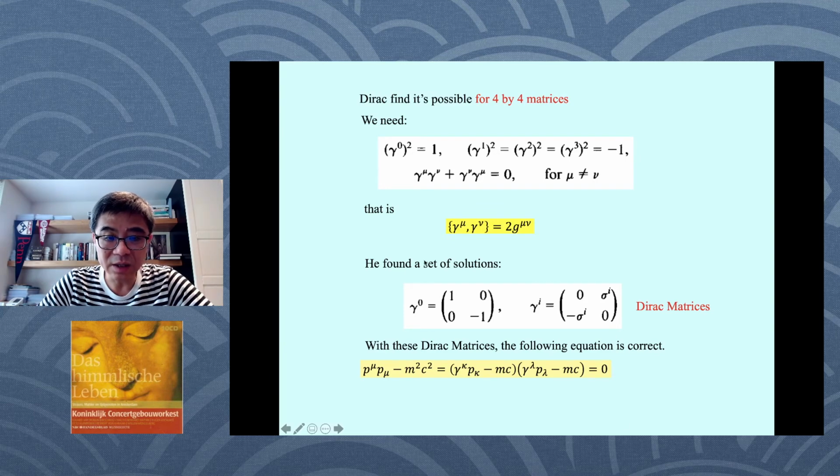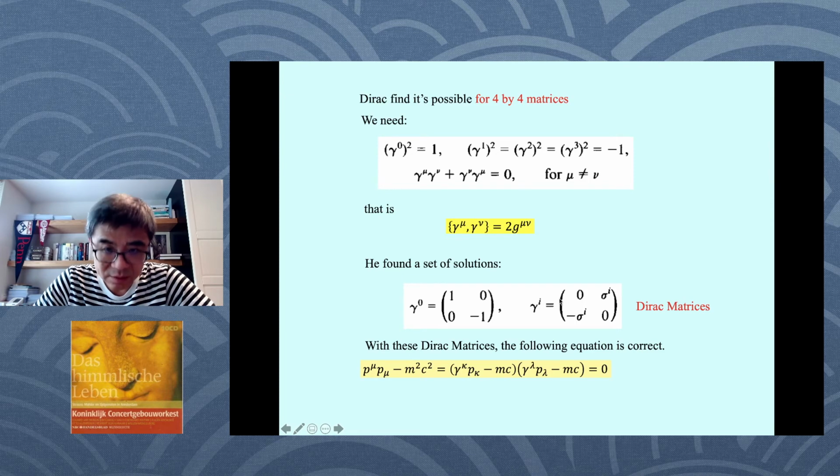Okay, here is the solution. Gamma 0 is (1, 0; 0, minus 1), in block form. Gamma i is (0, sigma i; minus sigma i, 0). These 4 matrices are called Dirac matrices. And you can check by yourself. For example, if you square this gamma 0, of course, it is equal to 1.